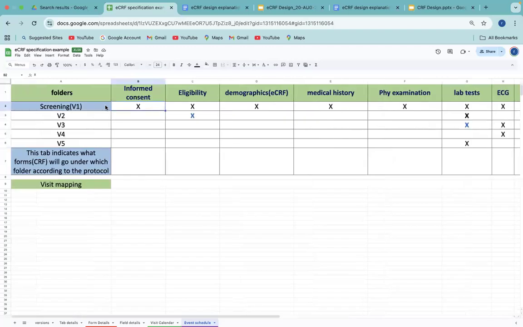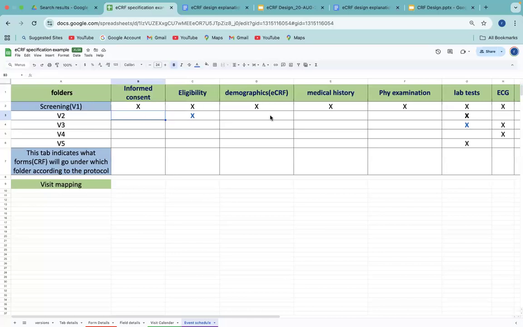But for visit two, when the patient comes next time, he doesn't need to go through the informed consent again. Why? Because informed consent is only collected at the screening, and unless there are amendments, they don't have to collect the informed consent. That's why we're not having any informed consent at the next visit.